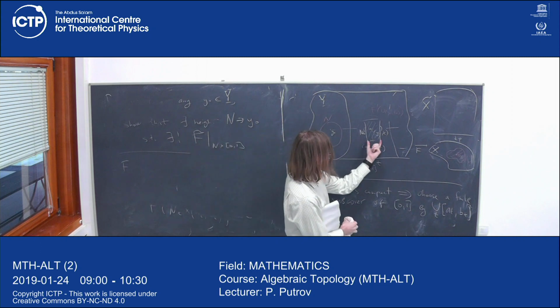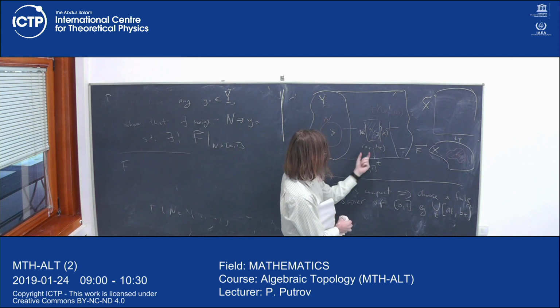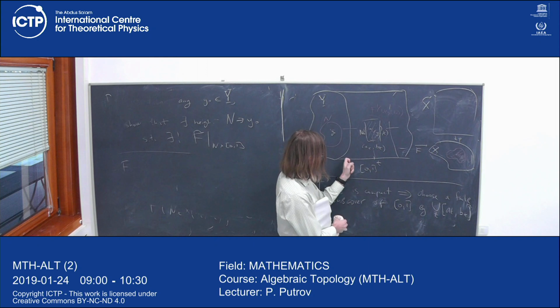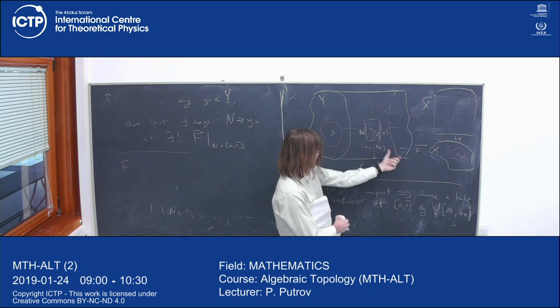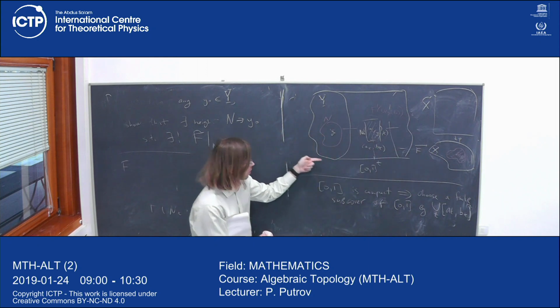For any t we chose some interval, but the point is that we can choose just some finite number of intervals which covers the whole compact set.